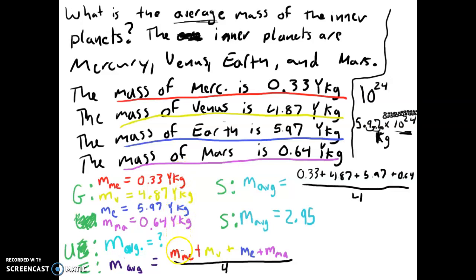I'm able to add up a yotta kilogram plus a yotta kilogram plus a yotta kilogram plus a yotta kilogram, divide by 4, and that will leave me with yotta kilograms. So there we have it. The average mass of the inner planets is 2.95 yotta kilograms. Now you've got that little piece of trivia and you've practiced the GUESS method. I'll see you guys again tomorrow.